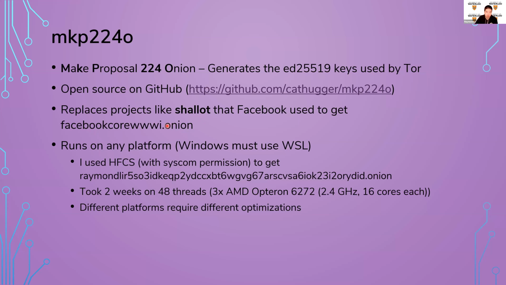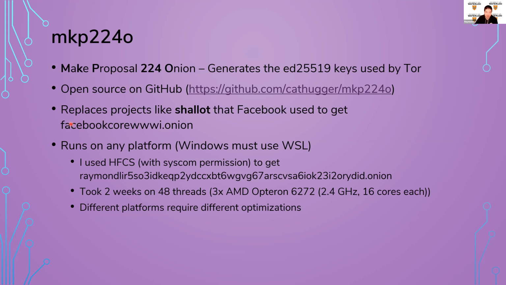Facebook used something called Shallot to get a TOR v2 domain, a vanity URL or vanity domain. That was facebookcorewwwi.onion. They reversed the acronym and marketed it as Facebook's core World Wide Web infrastructure, but it was basically BS.